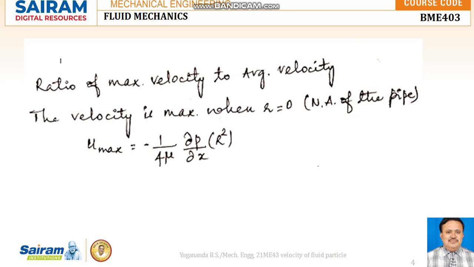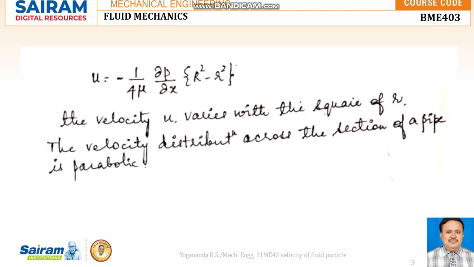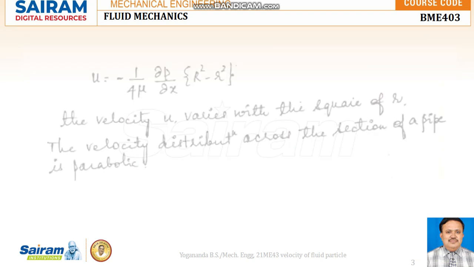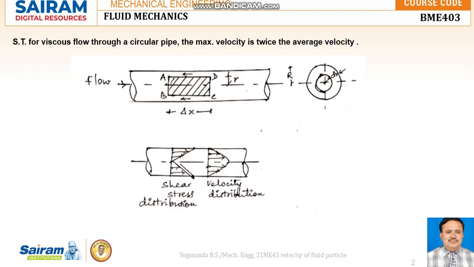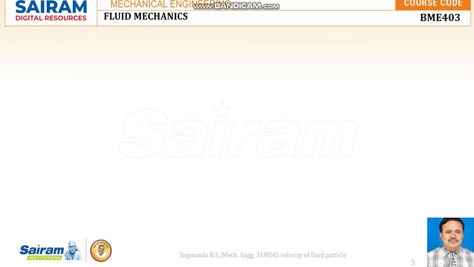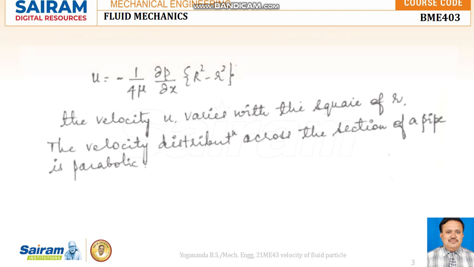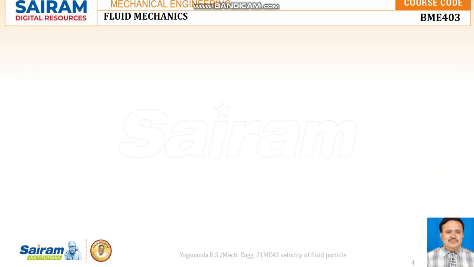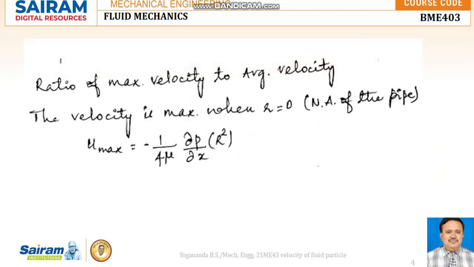The maximum velocity is at the center of the pipe, that is, when small r is 0, the neutral axis of the pipe.